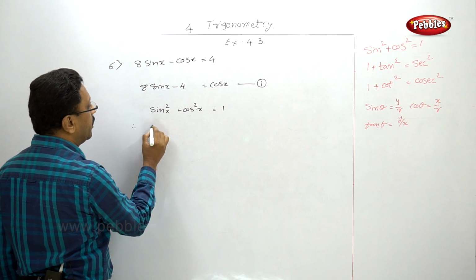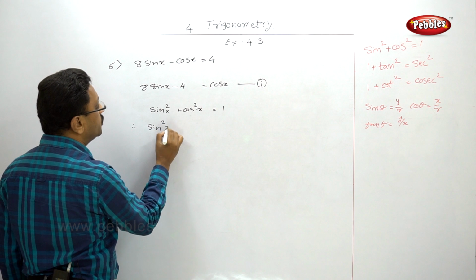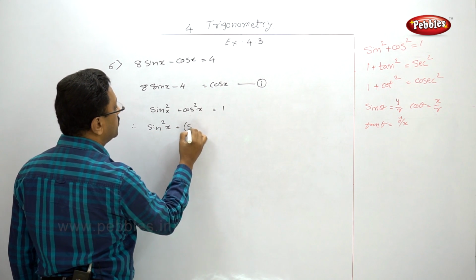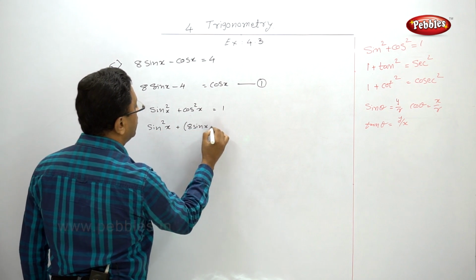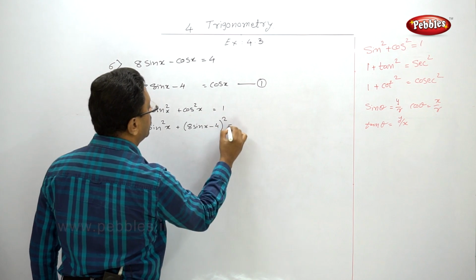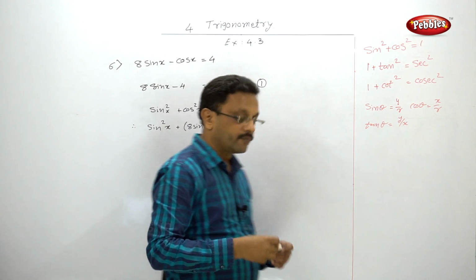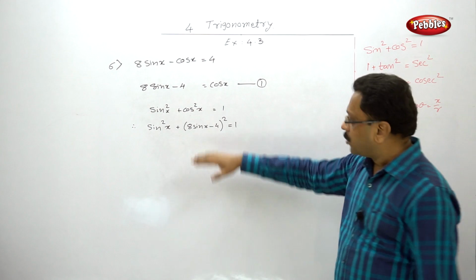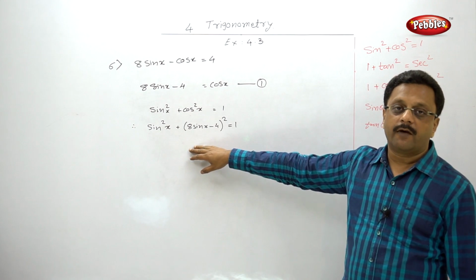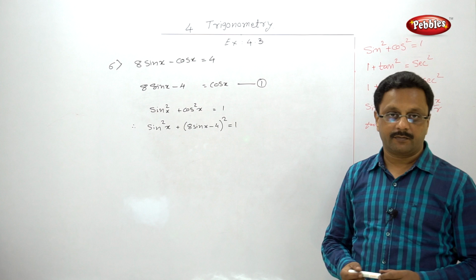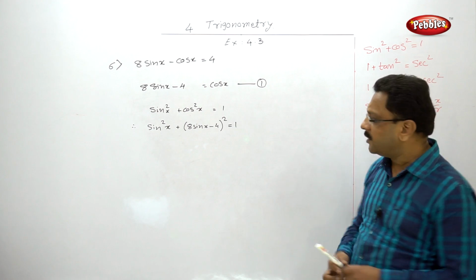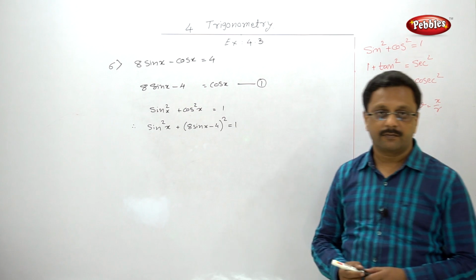So here we have sine square x plus (8 sin x minus 4) square is equal to 1. Solve this and you will get two values of sine. How? Isn't it a quadratic equation?